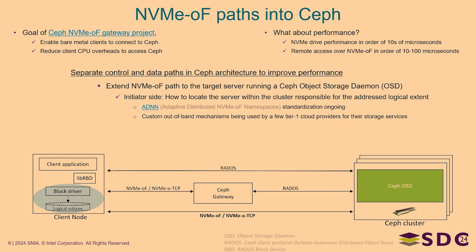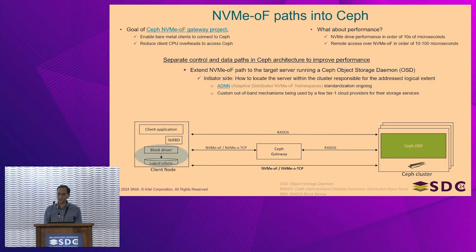This means on the initiator side, we need some way to locate the server in the cluster which is responsible for the specific extent that's being accessed in this I/O request that the client is trying to send. Now, the nice thing here is there's already standardization work ongoing in the NVMe TWIGs.